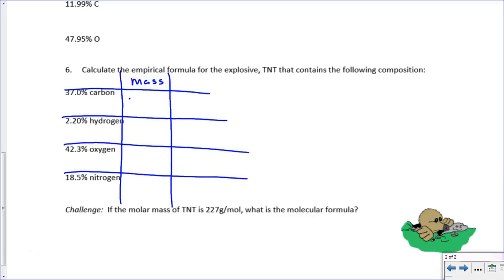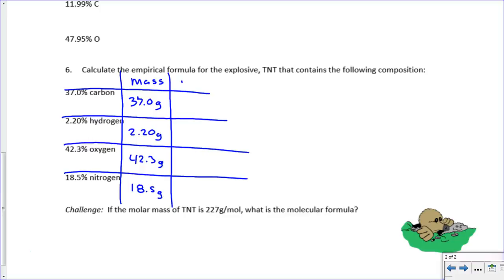So that's 37.0 grams, and next one, 2.20 grams. Oxygen, 42.3 grams, and then nitrogen, 18.5 grams. So the first step's pretty easy.